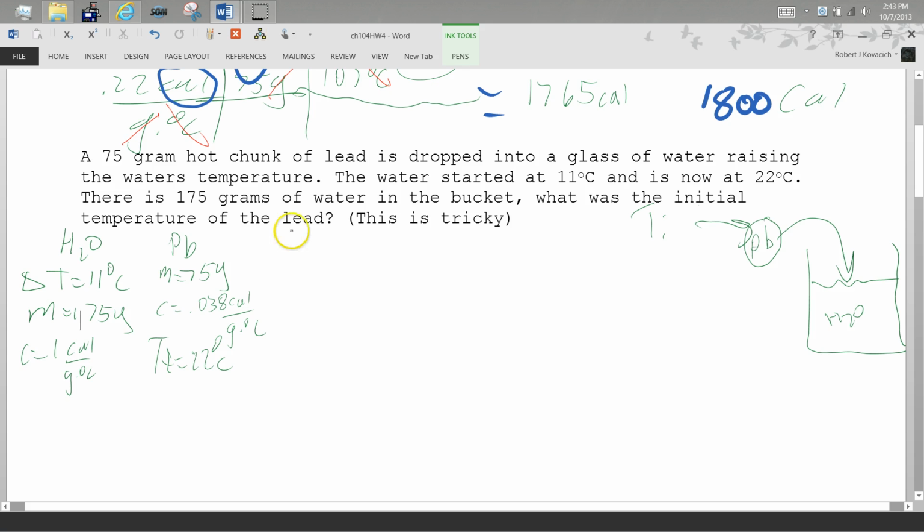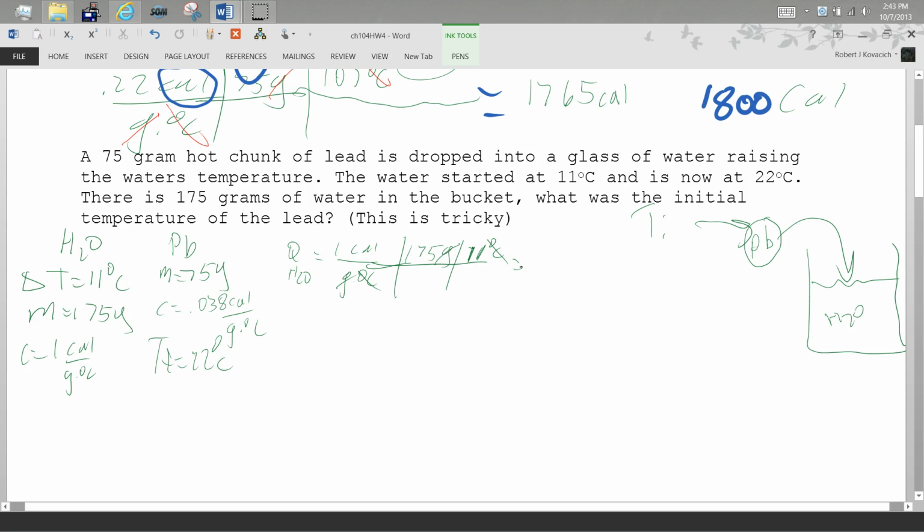So I've got the amount of heat from the water. My Q of H2O, that's a heat, so I put 1 calorie per gram degree C, and then my grams are 175, so the grams cancel, and then my change in temperature is 11 degrees Celsius, so that cancels out.